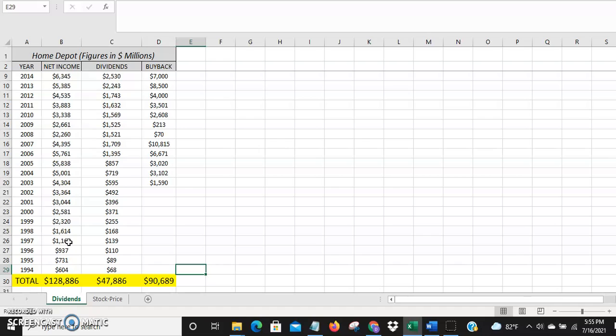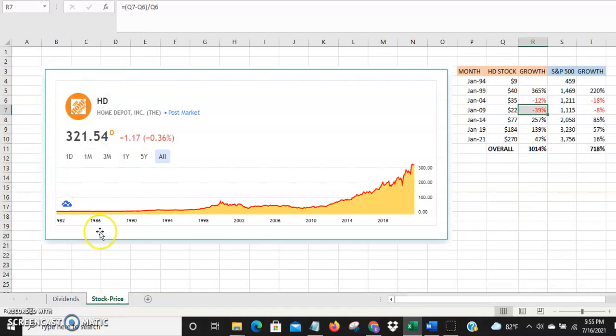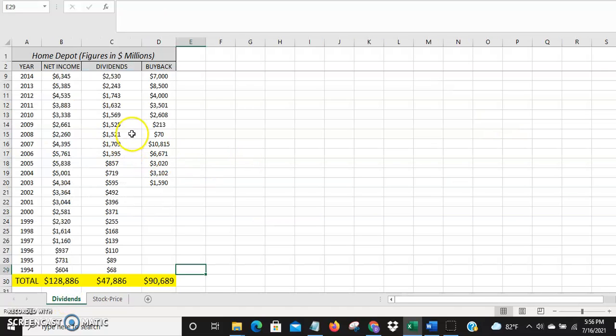So that's an amazing thing, right? The market really likes that in the long run, and it really rewards that stock in a healthy way, which we have seen here. So that was the focus of this session, to show how one can figure out the dividends and buybacks, and overall how much the company has earned and how much it has given back in dividends and buybacks.